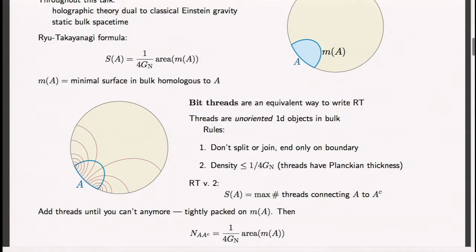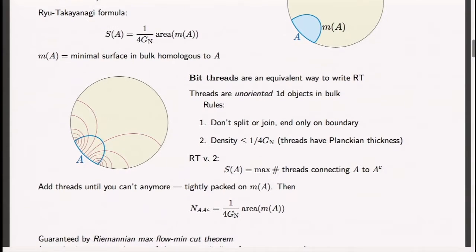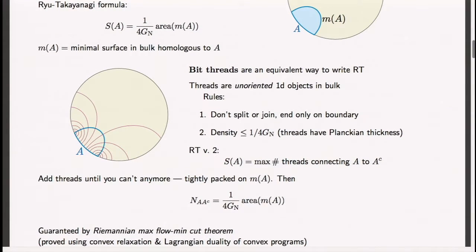Okay, so it's incredibly intuitive. It's pretty close to being obvious when you think about it in the right way. But of course, like many things that are obvious, it's still important to prove them, because there's also a lot of things that are obvious in math that are not true. But anyway, this one is obvious and true, and there's a theorem behind it, which is a Riemannian geometry version of the celebrated max-flow min-cut theorem in network theory, and it has a beautiful proof using tools from the theory of convex optimization.